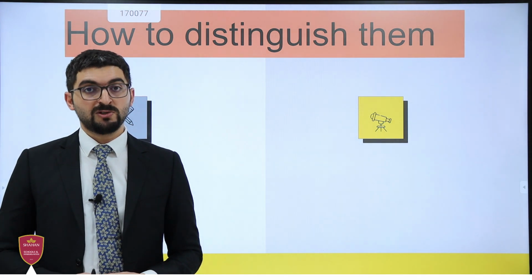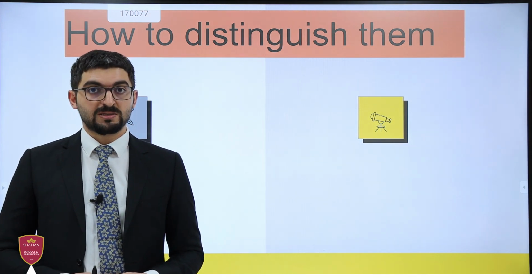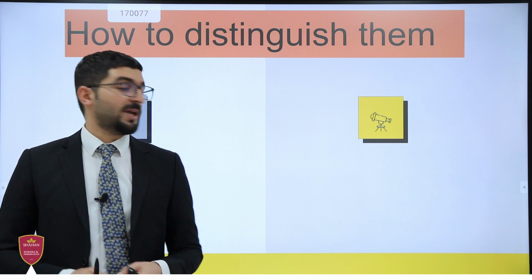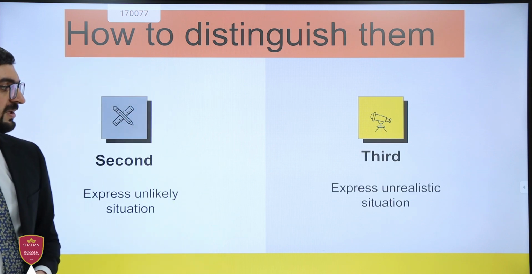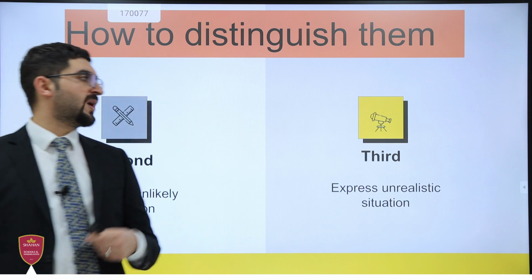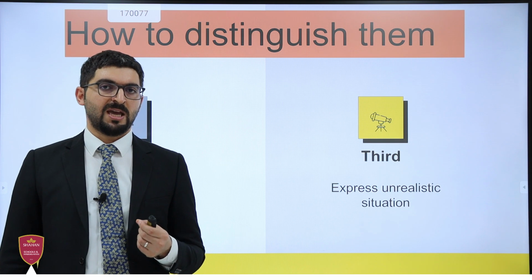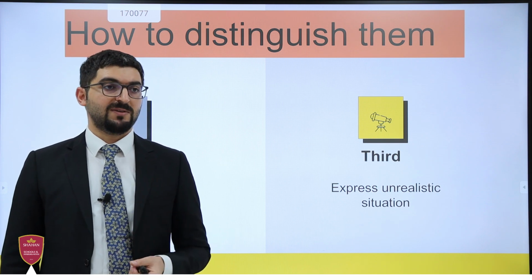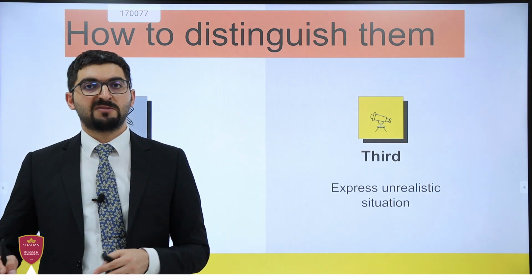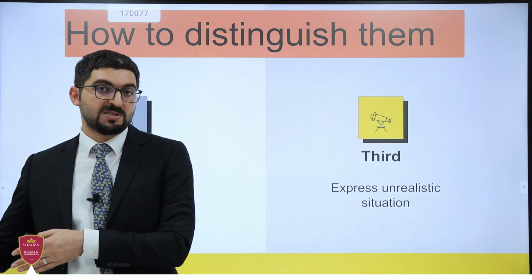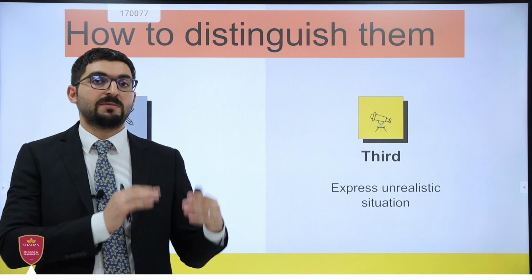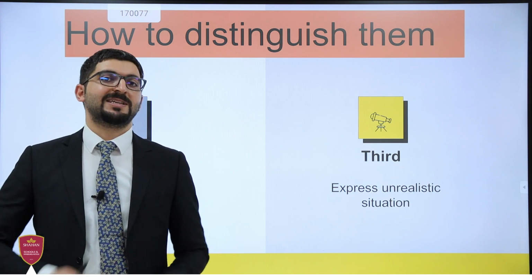Okay, if I were you, I would study a lot. So it's about a hypothetical or unlikely situation. Okay, and the third condition expresses an unrealistic situation. It is not true at all. We talked about this one: if I had become a teacher, I would have helped, for example, the students.